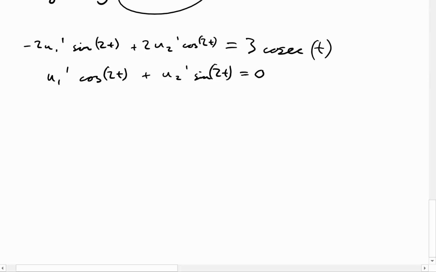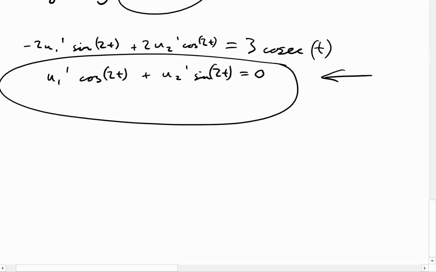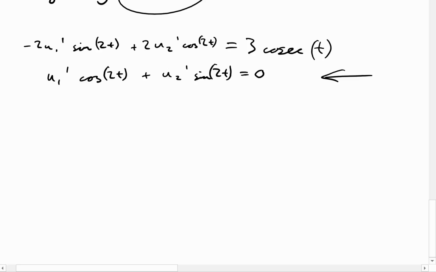But hopefully you can see, without getting bogged down in the details, that in order to solve for u1 and u2, I need a second equation. That second equation came about by imposing that condition, which came from the Lagrange method. There's absolutely no problem in imposing it.